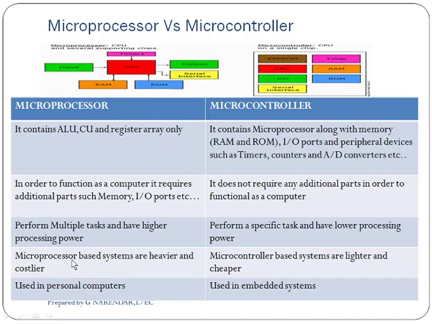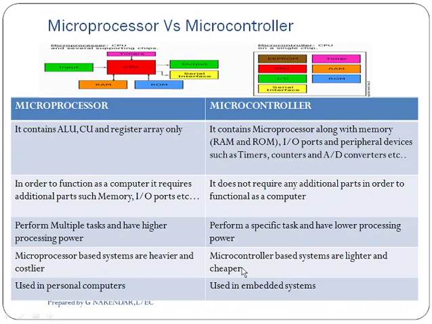If you are connecting all those parts, the microprocessor system will become heavier. That means the weight increases, and the cost also increases, because you have to buy all these parts separately. So microprocessor based systems are heavier and costlier.